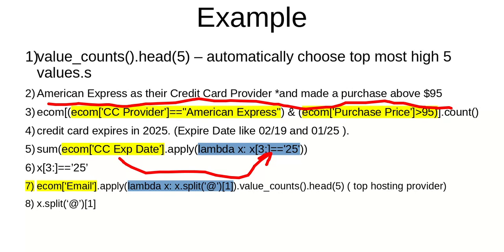Here this is, I think, the top hosting provider. First we need to identify the email column. So email, then apply the input and x dot split at @, index 1, then finally value counts with the top 5 hosting providers.